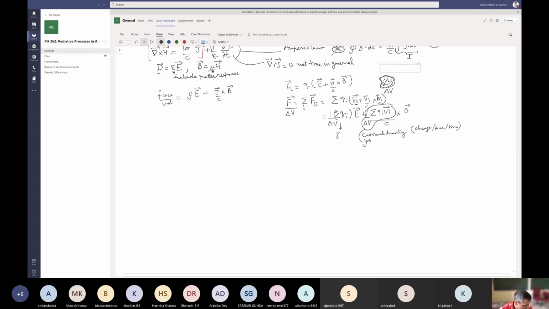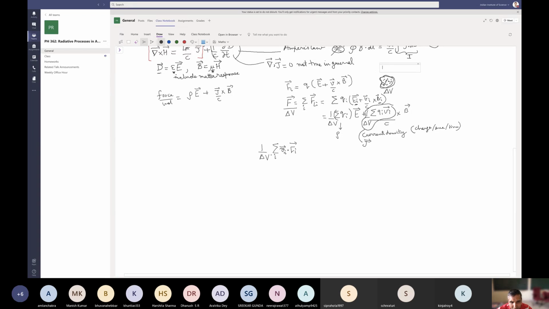This is force per unit volume. So if we want to calculate the work done by the electric field on each of these particles, we should do Vi dot Fi, times 1 by volume.